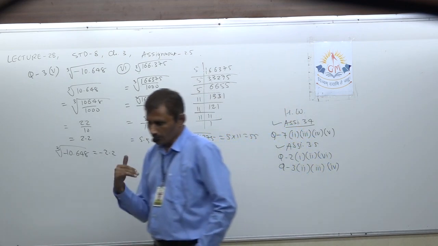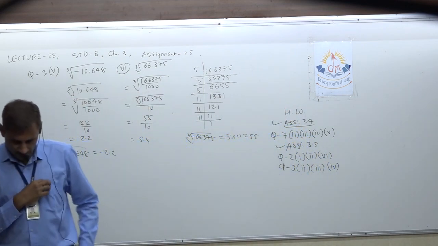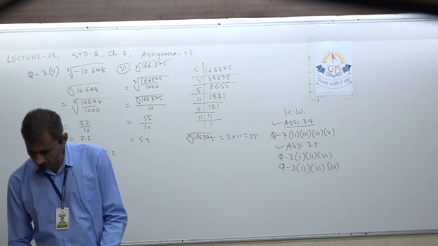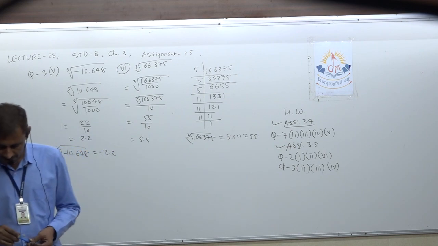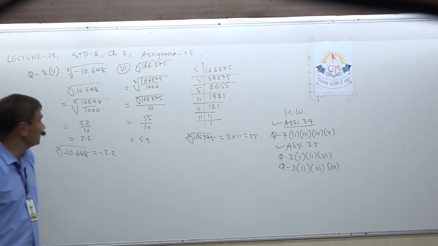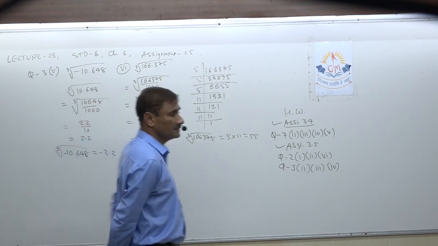Okay, students. So up to this number only, we keep today's lecture up to question number 3. Then next numbers 4, 5, 6 and maybe the remaining assignment will be solved in lecture number 29.